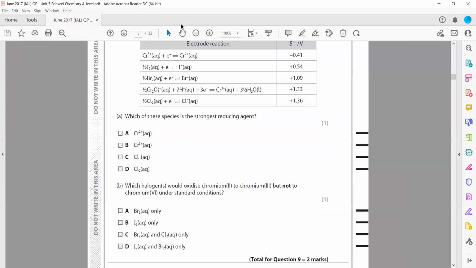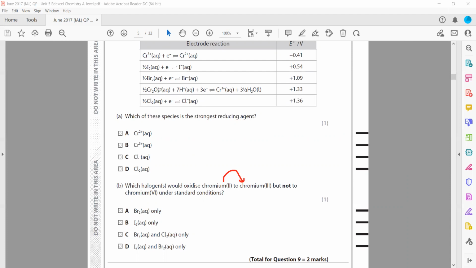They are asking which will oxidize chromium 2 to 3, but not convert 3 into 6. So which equation? Chromium 3 and 2 are involved.